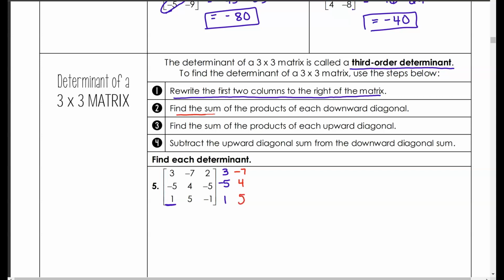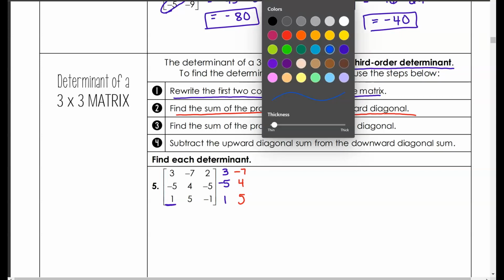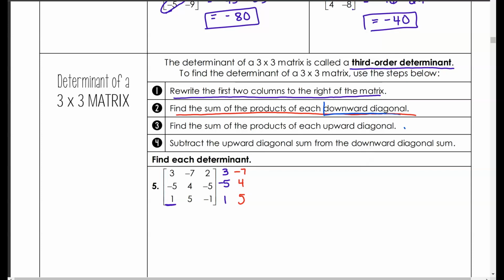We're going to find the sum of the products of each downward diagonal. Let's pick a specific color for this. Let's do blue. So we're going to do the downward diagonals in blue. I'm going to have 3 times 4 times -1.